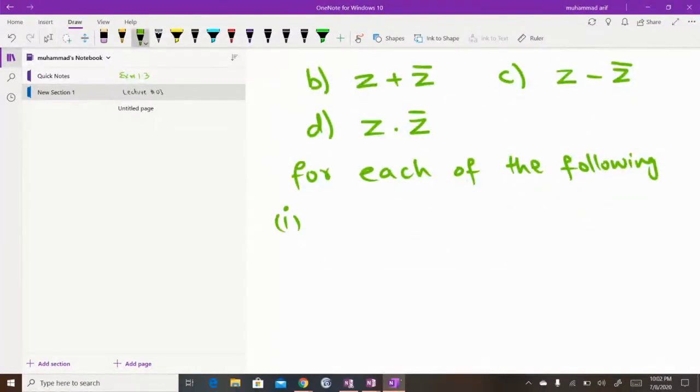First question is Z is equal to negative iota.